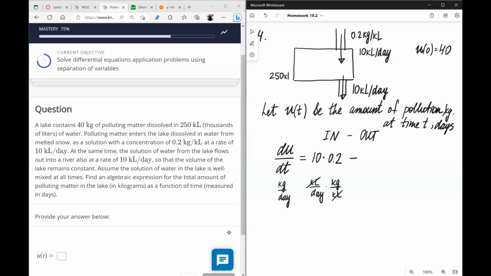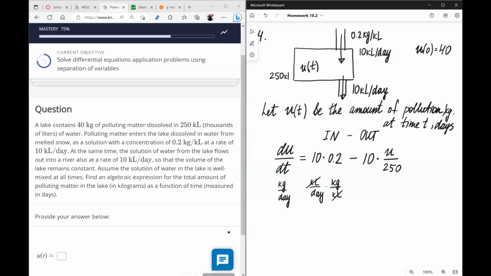Now, how fast does it leave? Well, it leaves at 10 kiloliters per day, but what is the concentration of the matter in the lake? Well, at any given moment, there is not S of t, but u of t, much of it. But we need to divide that by 250 kiloliters.